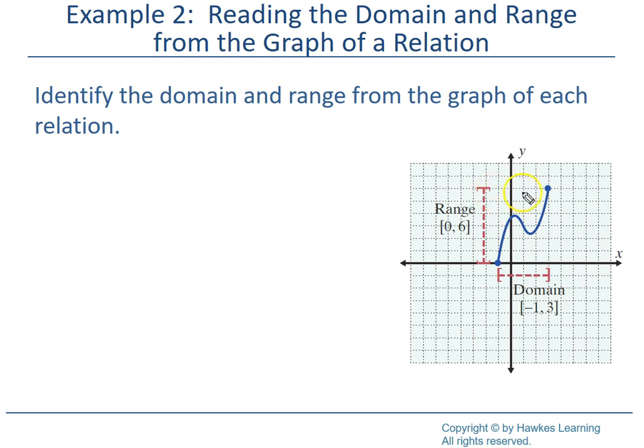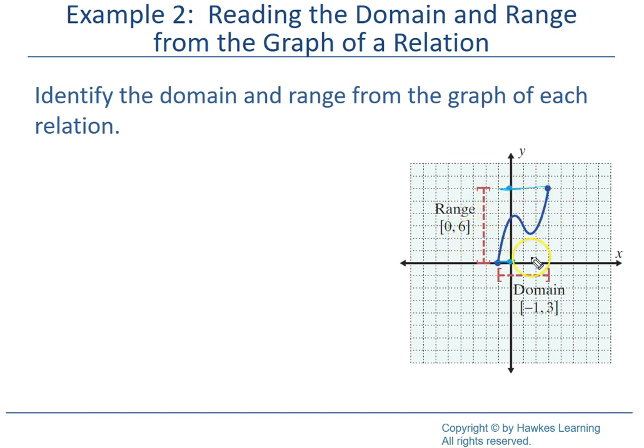And the range is y elements. So what we do is we project anything out here over to the y-axis now, and notice it's starting then at 0, and it's a bracket because 0 is included, and it goes up to 6, and 6 is included.